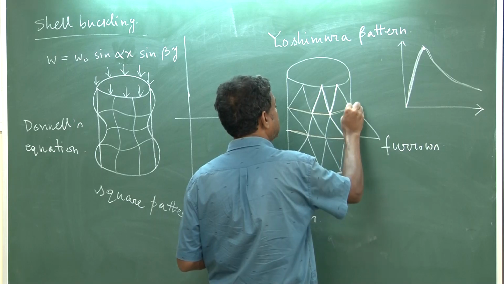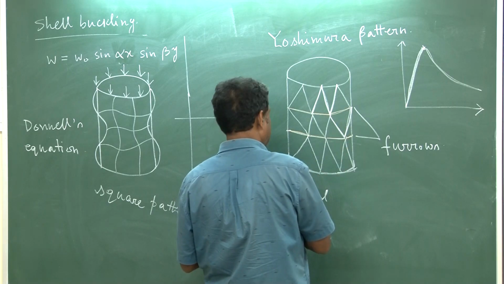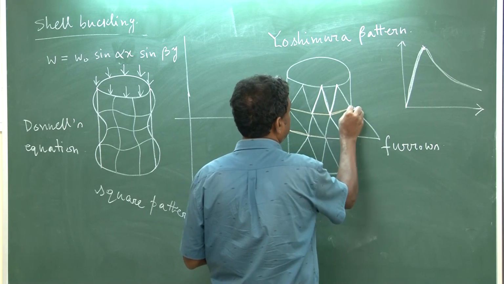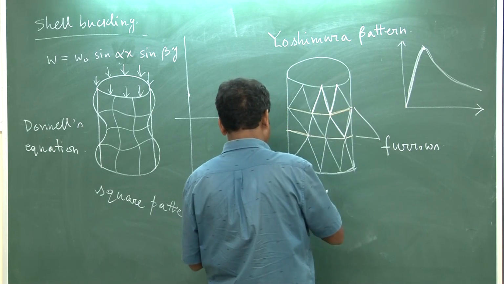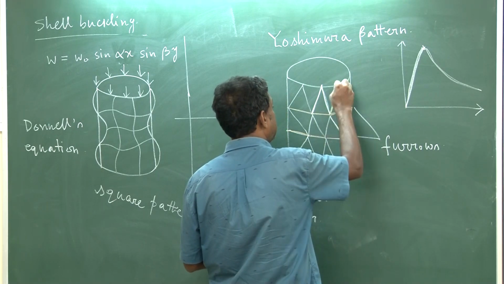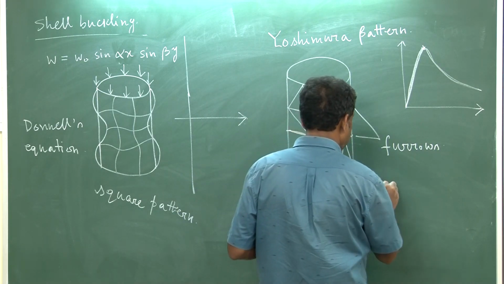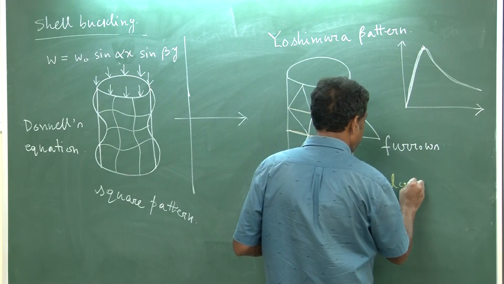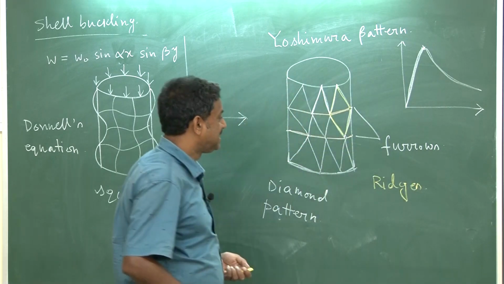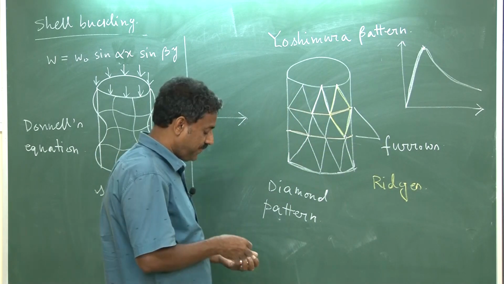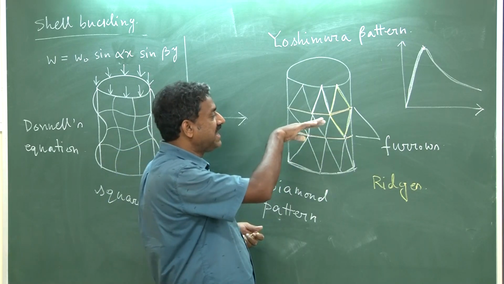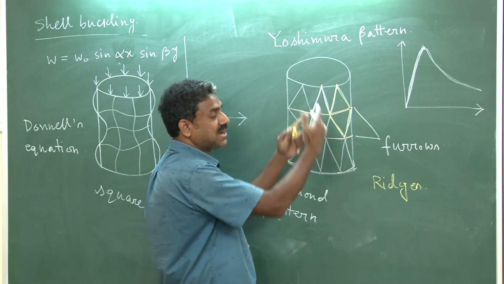Why is it diamond-like? Because this one is the furrow, and here are the ridges. Furrows and ridges. What happened essentially is that if you cut this, the furrows are going inside and the ridges are coming outside.